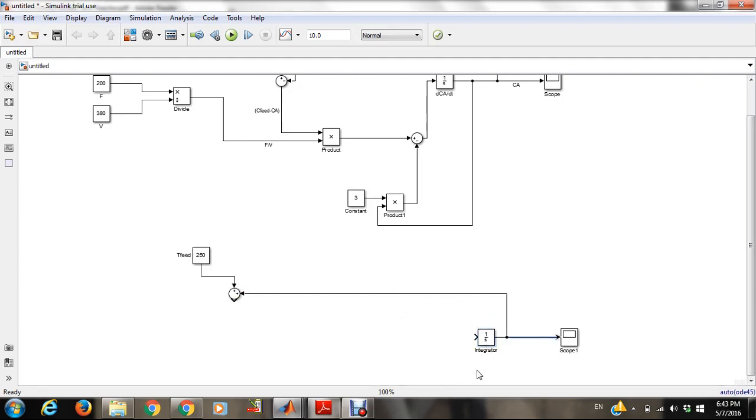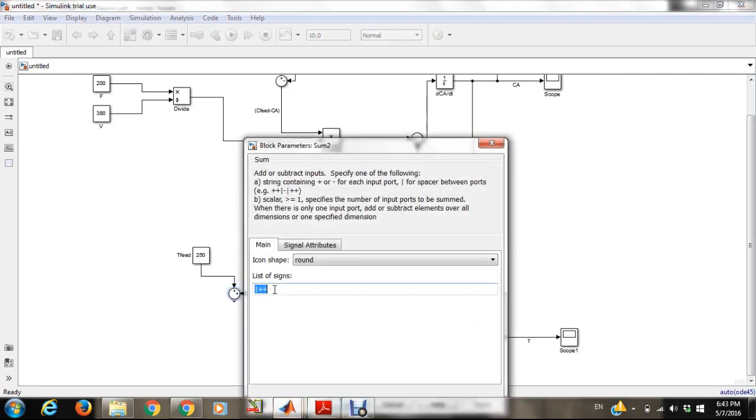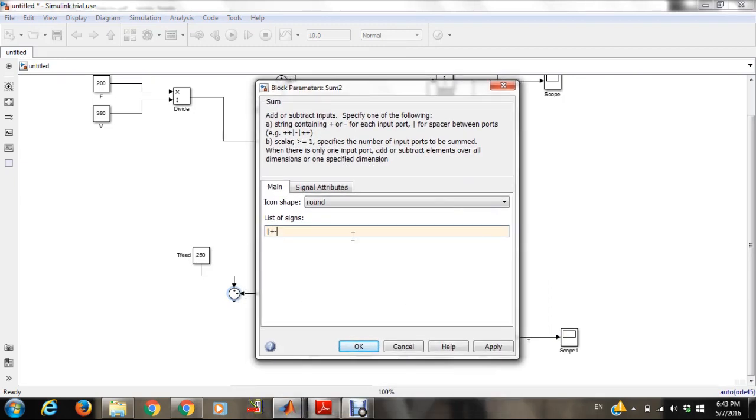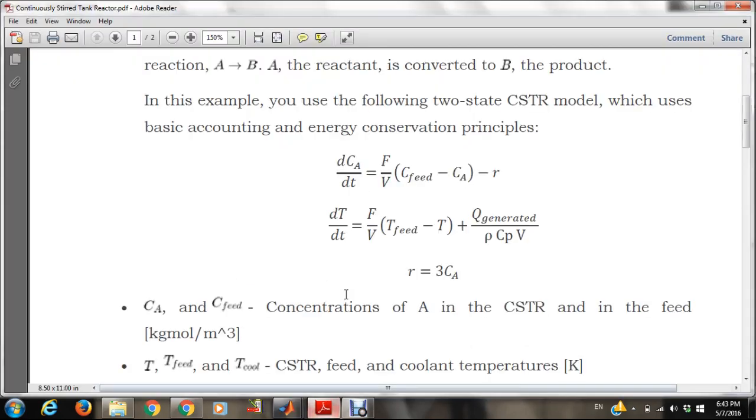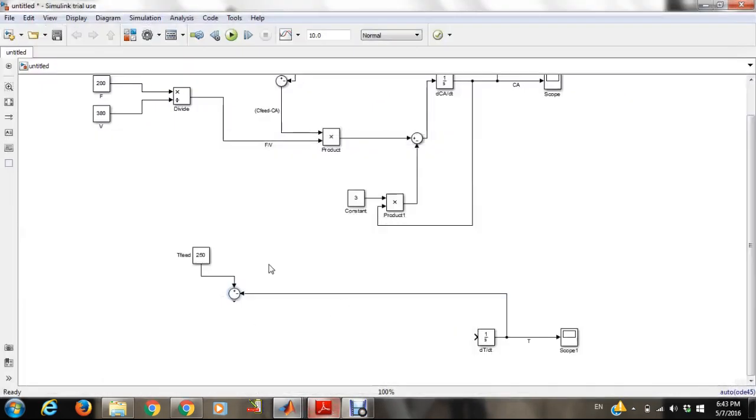Okay, so just before I forget calling it, this is d temperature over d time, and this is T. So this is T feed minus T, changing the second sign into minus, and this is then multiplied by F over V. So I'm going to be creating a new product.